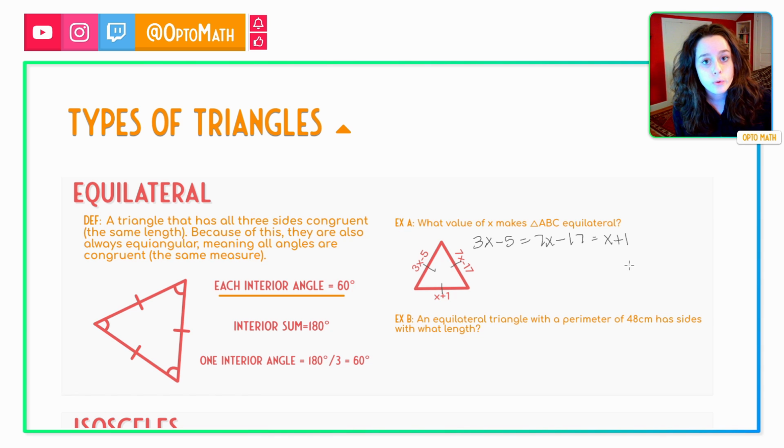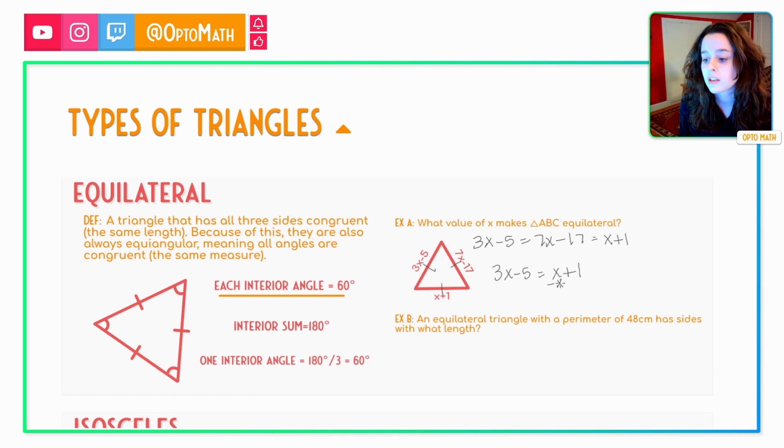And yes, there are three expressions because there are three sides, but you actually don't need to deal with all three of them at once. You can just pick any two of them and use them to solve for the value of x. So I might pick the first one, 3x minus 5, and the last one, x plus 1, because it looks a little simpler to me, but any two will work. Then we just solve this equation.